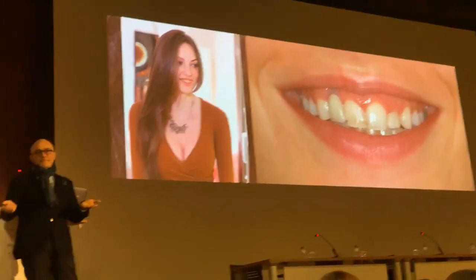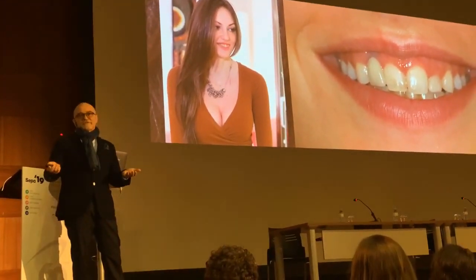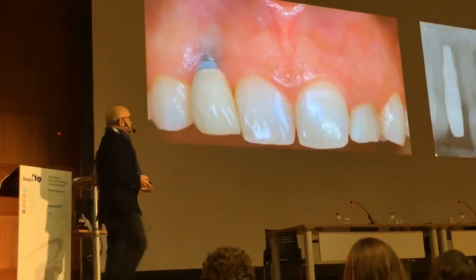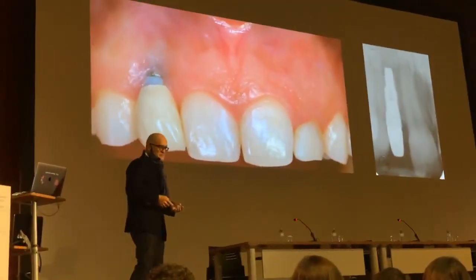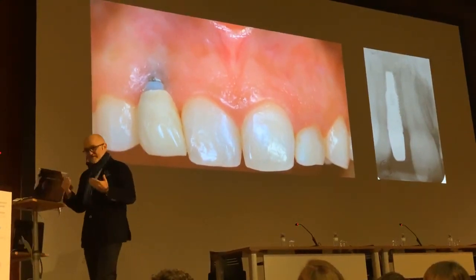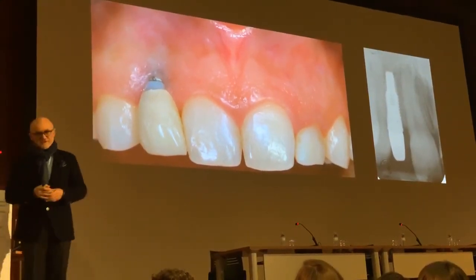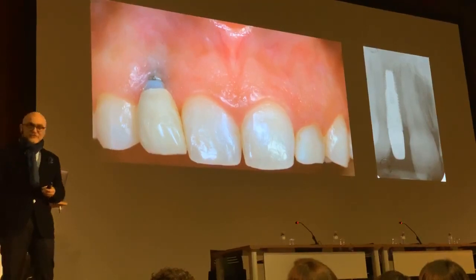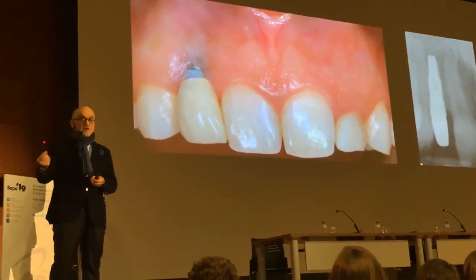So before placing an implant, you have to be a periodontist, you have to be a dentist, and know that if there is altered passive eruption, which means that there is one tooth that is too short because there is too much bone, this has to be increased in length before deciding where to place the implant.